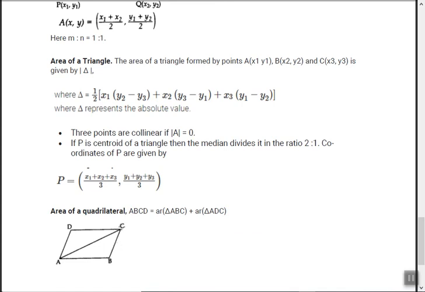Then plus x2, meaning B, into y3 minus y1. See the sequence: y2 minus y3, y3 minus y1. We are not changing the sequence. We are not writing y1 minus y3 over here or y2 minus y1 over here.